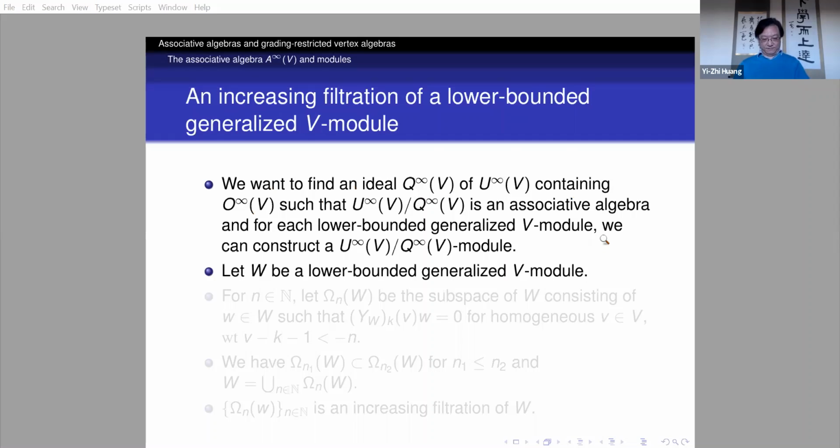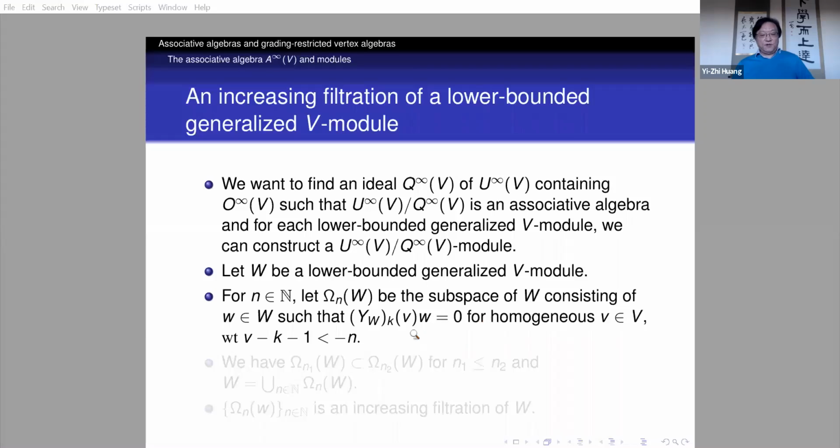So we start with a lower bounded generalized module, and then we let Omega n. This Omega n has been studied a long time ago, for example in Donnelly-Mason's generalization, they also use this. It is just the space such that if you have the component of a vertex operator whose weight is less than minus n, then when you act on these vectors, it should be equal to 0. You take all these vectors in the module, put together, these are the Omega n.